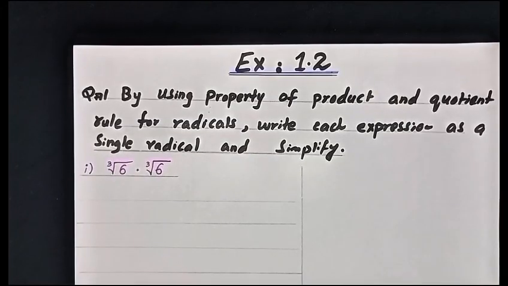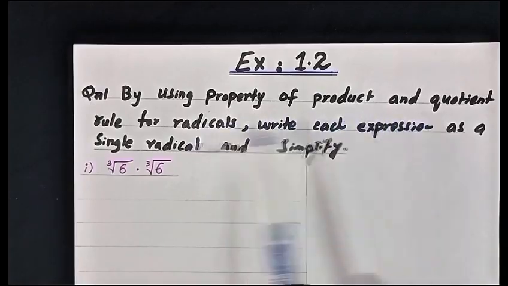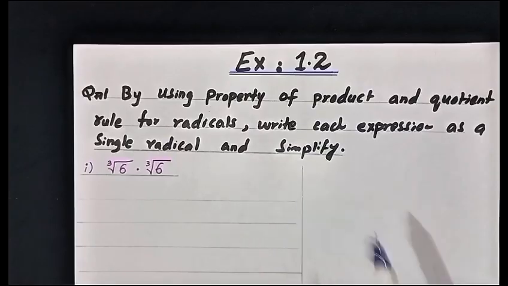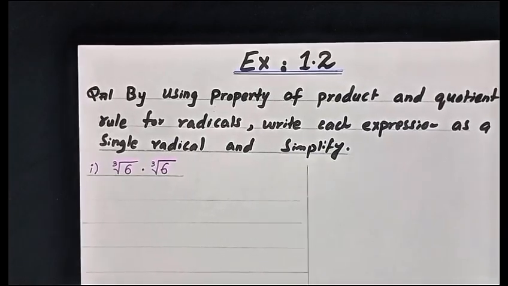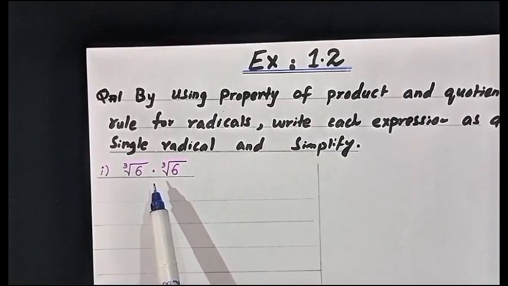Today we are going to start exercise 1.2, question number 1: by using the product and quotient rules for radicals, write each expression as a single radical and simplify. Question number 1 is the product of two radical expressions, that is cube root of 6 multiplied with cube root of 6.